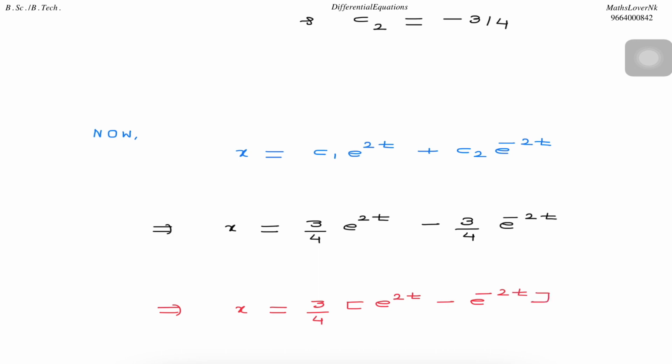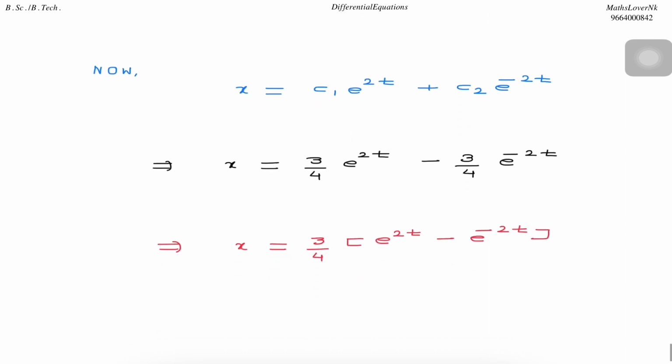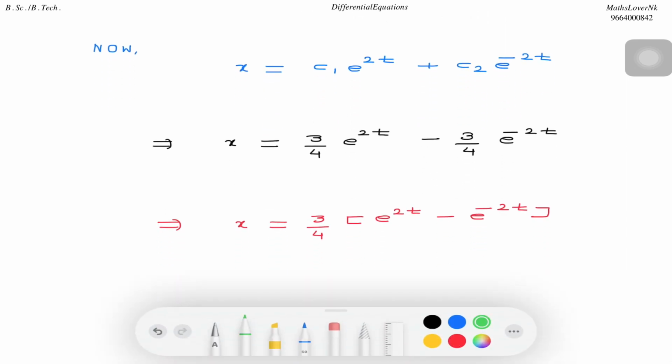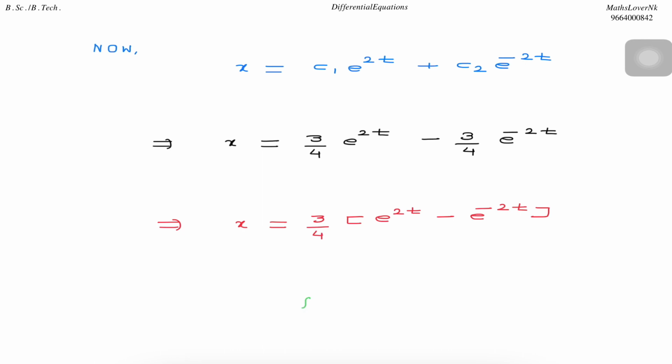Now we know that e the power alpha x minus e the power minus alpha x upon 2, then we write down sine hyperbolic alpha x.